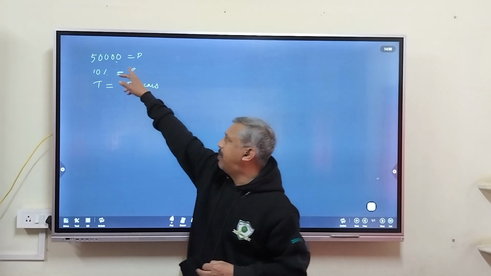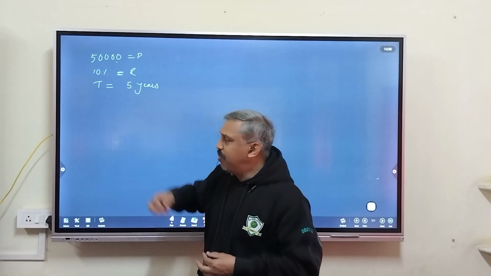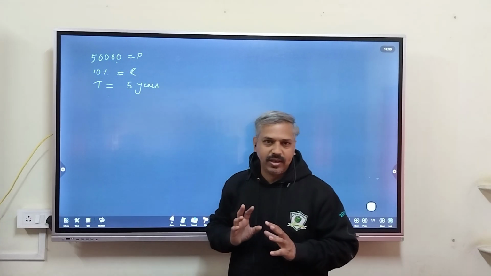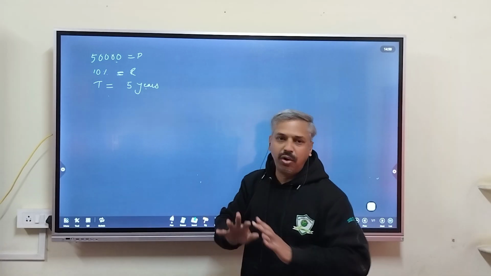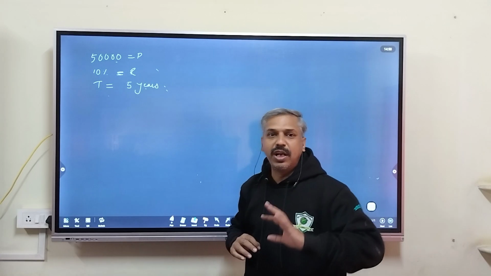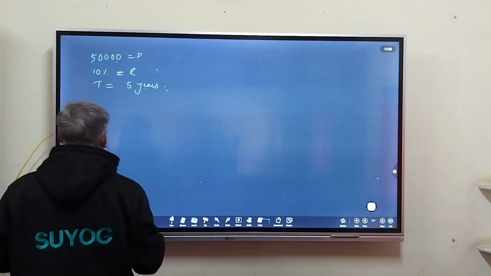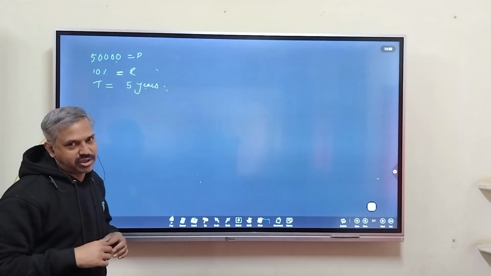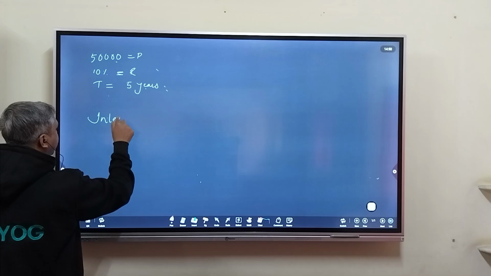I am enjoying the benefits of these rupees, but when I return them after 5 years, my friend would only get 50,000 rupees, and that is very unfair. So the world agreed that there will be some kind of compensation, which we call interest.